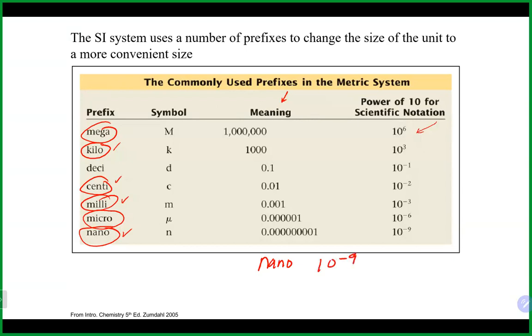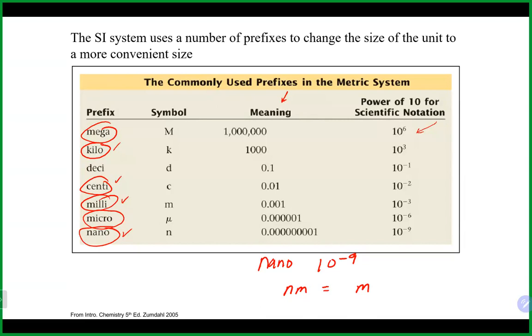Basically what that means is that's really 1 times 10 to the minus 9. And the relationship of how it works, say if we wanted to go from nanometers to meters. In this case, there again is a base unit and a prefix unit. And in this case, the base unit is meters, right?